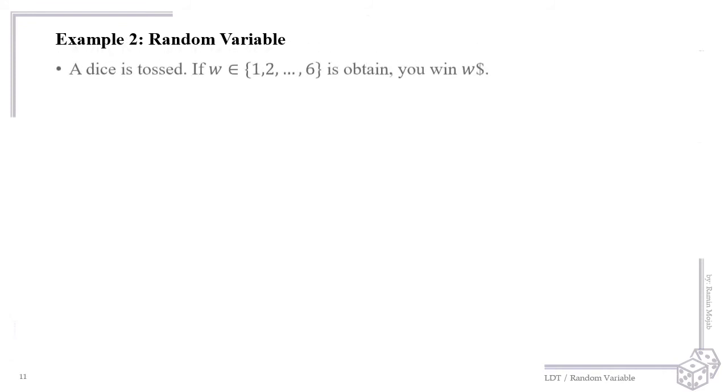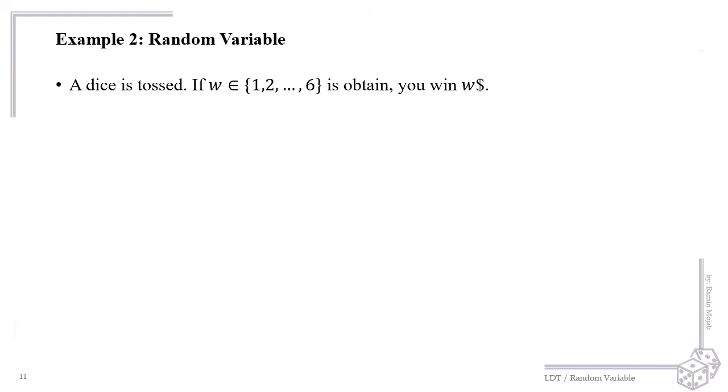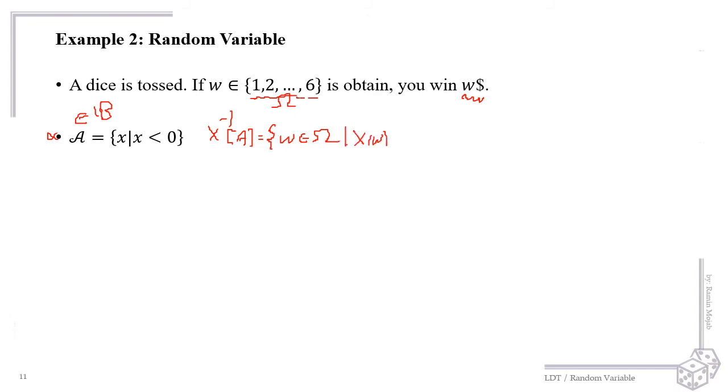As another example, consider another experiment in which a dice is tossed. If W in this set is obtained, then you win $W. This is an interval, and it's a member of the Borel sigma algebra, and its inverse image under X is the set of W in omega such that X of W is less than 0.